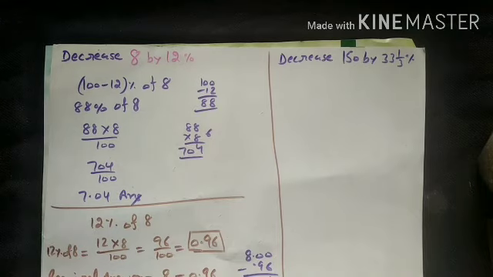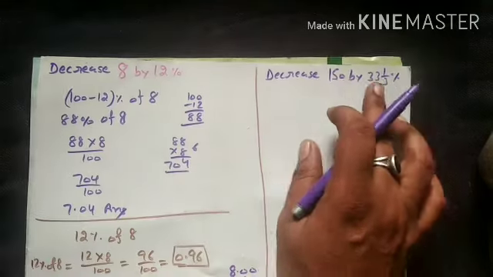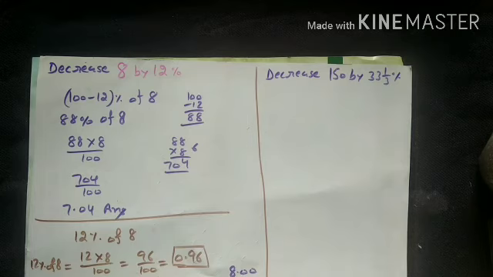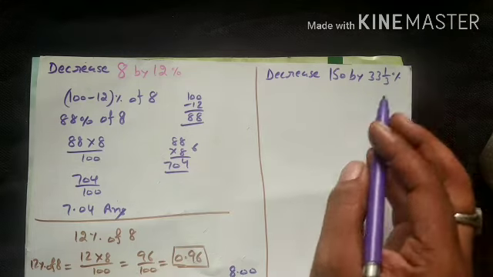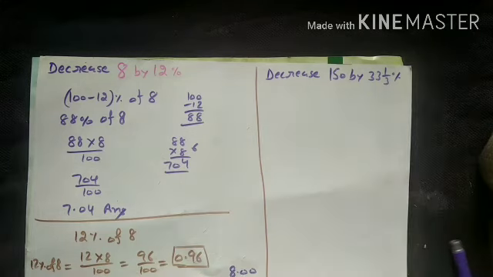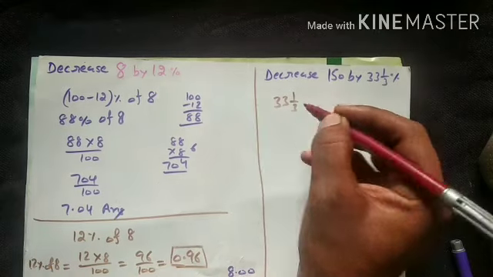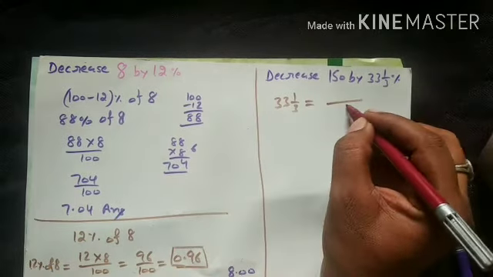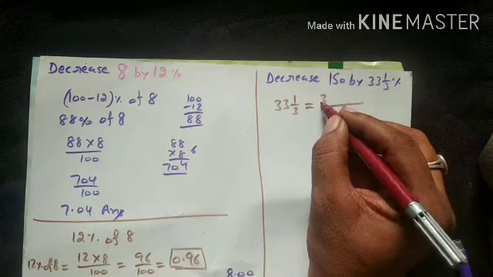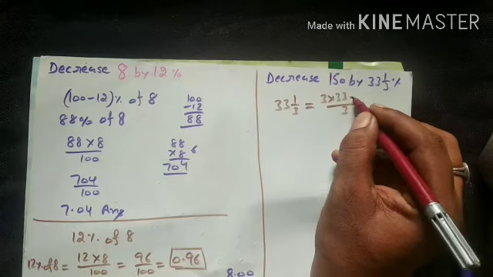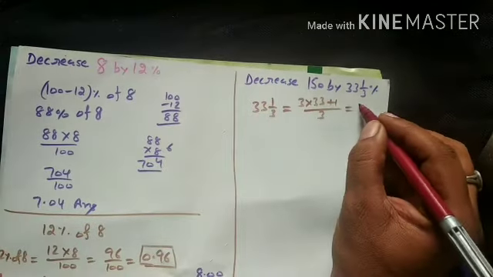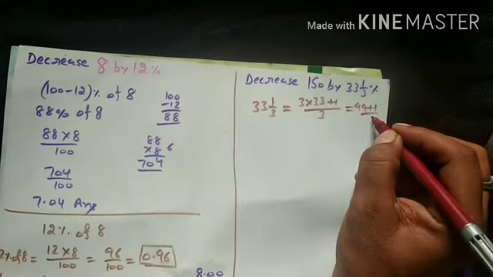Now in this question we have to decrease 150 by 33 and 1 by 3%. So what is the meaning of 33 and 1 by 3%? You will see 33 and 1 by 3 is 3 multiplied by 33 plus 1, so this is 99 plus 1 over 3.